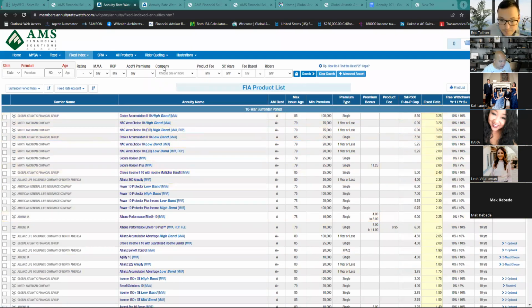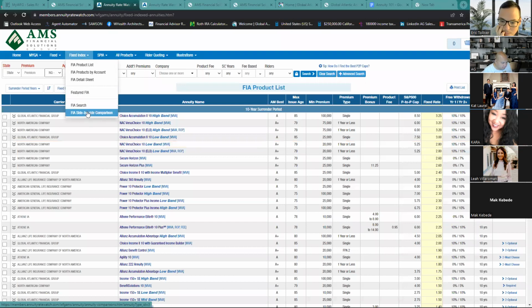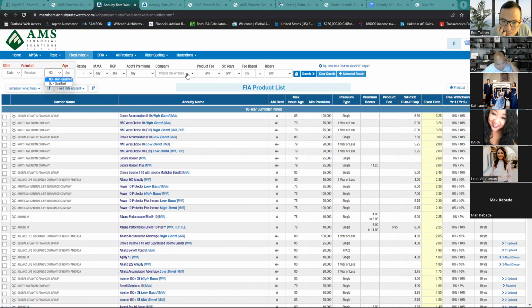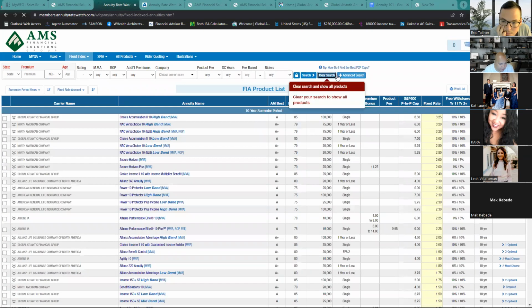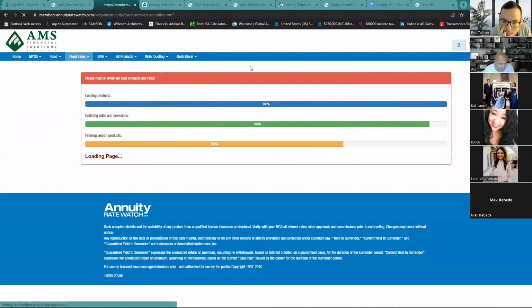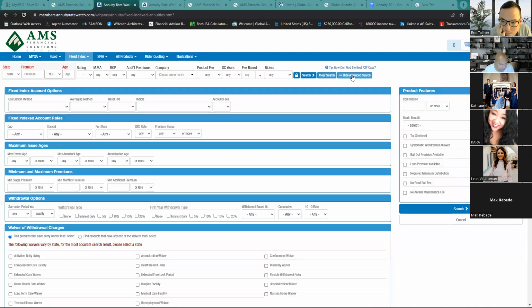And if I'm gonna look for the one that is for, there's like an extended search here. Oh, advanced search. Oops. Advanced search.